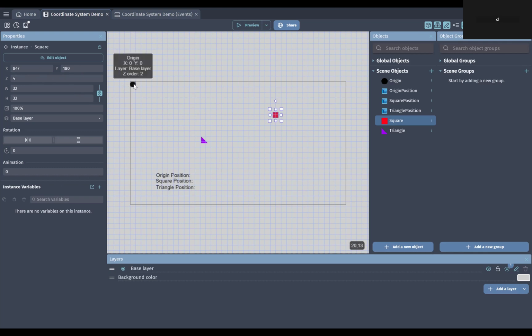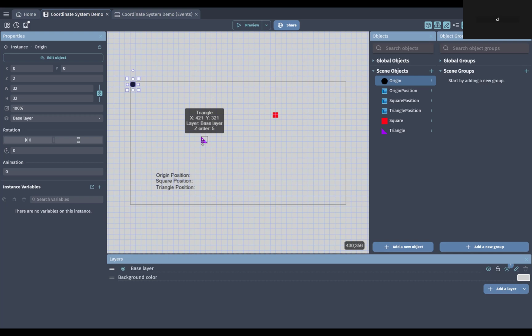If I click on the circle, it shows you the position. So the circle here is at 0, 0. And that's again my origin for the game screen, the top left hand corner. As I move right, the X for my triangle gets bigger.